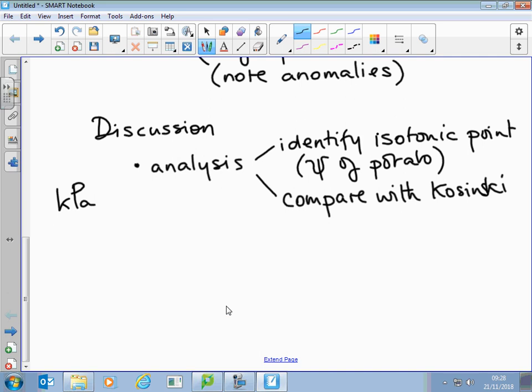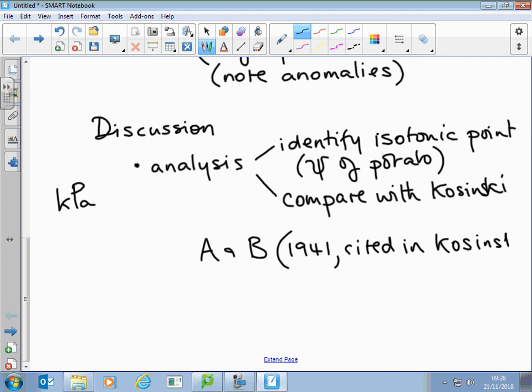And when you are doing this, this is the sort of bit where you've got to be pulling out values and using secondary referencing. So you might say, I'm not going to go in there and find the names, but you might say A and B, 1941, cited in Kaczynski, 2012, found water potentials of so much.